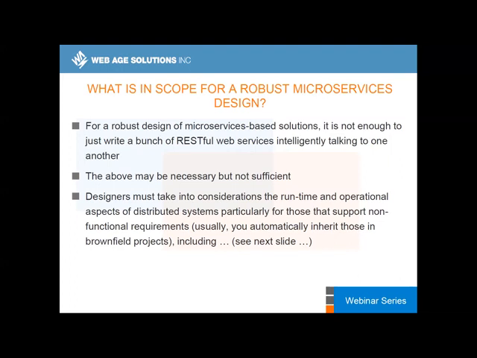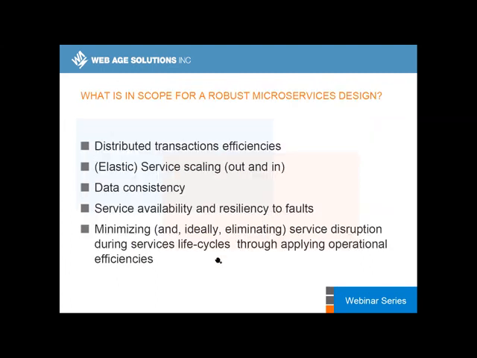It's not legacy. It definitely requires some facelifting, some kind of infusing new blood into this project. And for that, you need to exercise extra care. You have additional constraints, so to speak, when you move on towards the bright and shiny future of microservices. So what's in scope again?